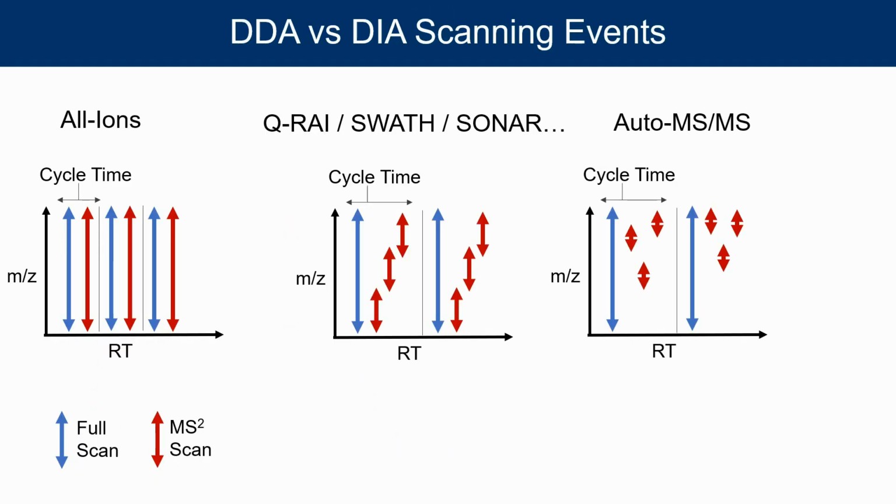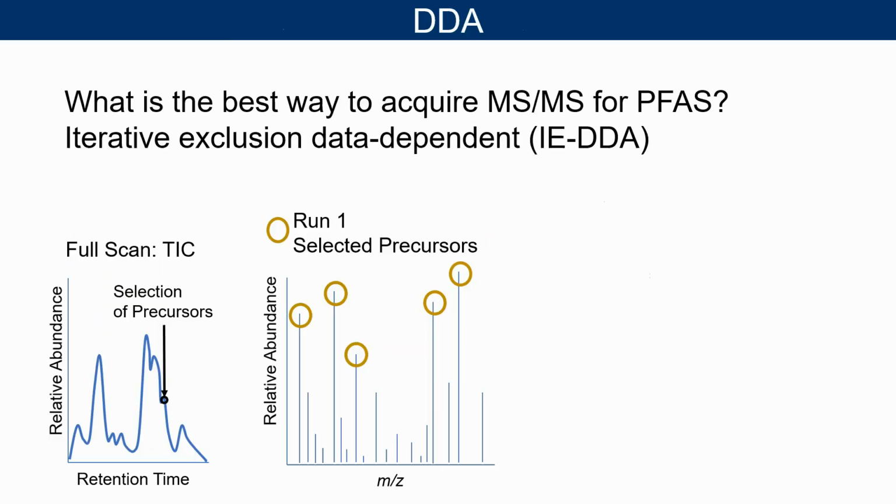Neither of these approaches are great, the Q-ray / SWATH, that DIA method, or the all-ion method, because we have overlapping fragment ions from all the other molecules in that region rather than just a single Dalton region. So, in my opinion, in this training video, I have a very strong opinion that we use iterative exclusion or intelligent acquisition.